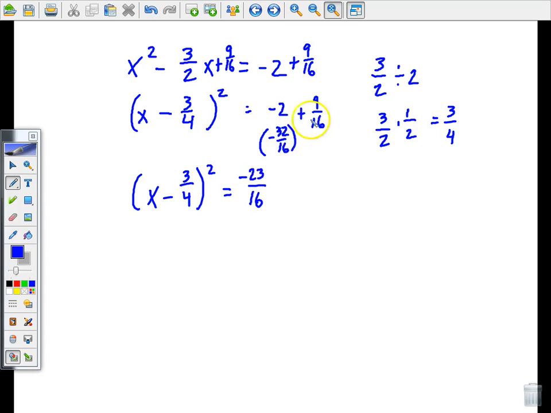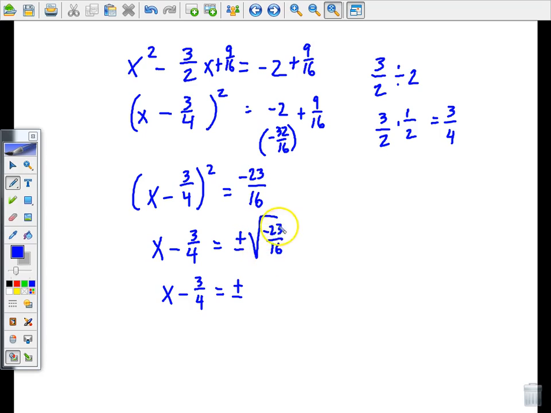Okay, just combine these two fractions. Square root of both sides. All right, and if I do the square root of a fraction, I'm really doing the square root of each number separately. Okay, so I'm probably showing a little bit more than is required, but I just want to make sure you see how we simplify this radical.